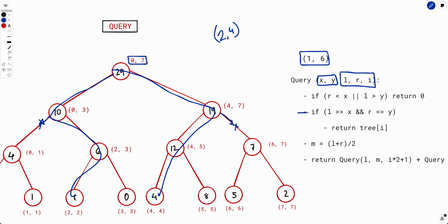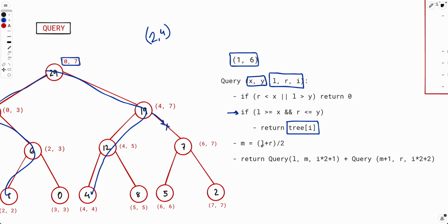Now the second thing is the node is fully overlapping. If it is fully overlapping, we need to take that particular node completely. So this is the value of that node, and we just return from there. Otherwise, the node is partially overlapping, and for a partially overlapping node, we will go into both left and right halves. From the left half, we will query the same thing, and from the right half, we will query the same thing.